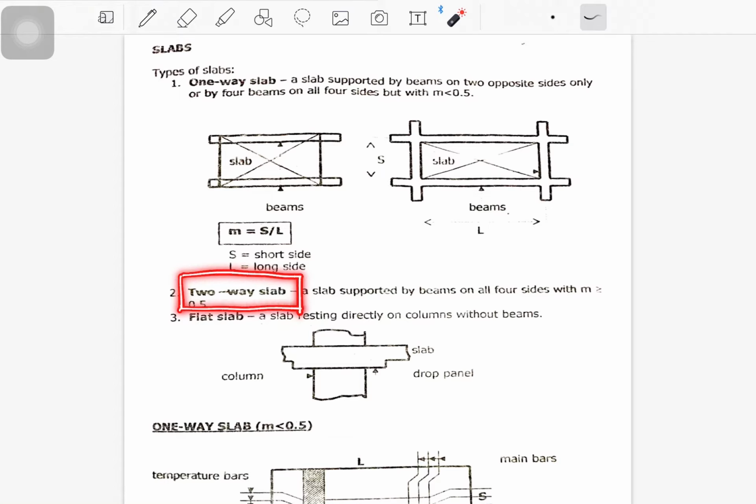For two-way slab, this is not so complicated a problem, but there are considerations for discontinuity cases.